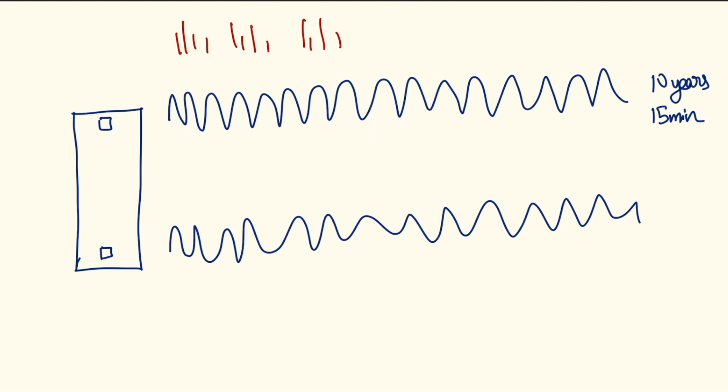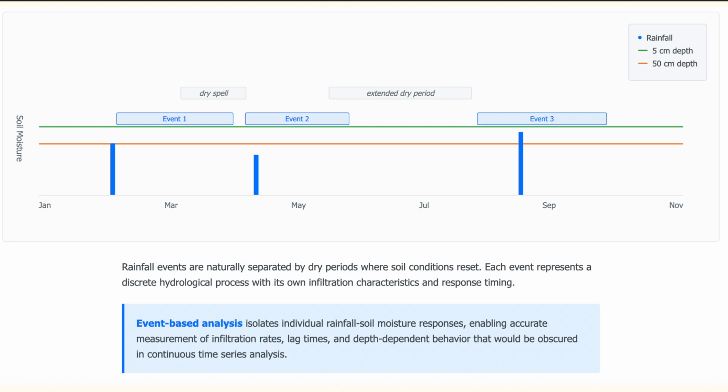If we want to see how this rainfall, when it falls at the top layer, moves along the soil column and gives a response at 50 centimeter, we cannot use the whole 10-year time frame in the analysis for a meaningful answer, because the rain events are separated by dry periods.